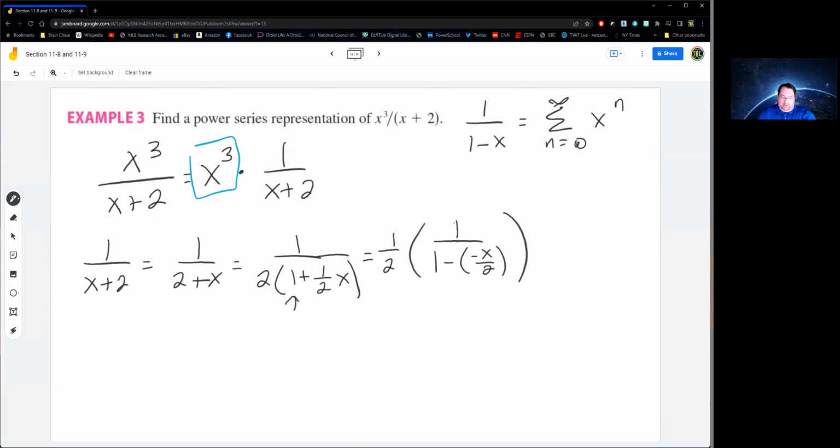Everybody see what I did there? So again, my goal is to get it to look like that. So now I have the 1 on top, a 1 minus, and then the term for my x.